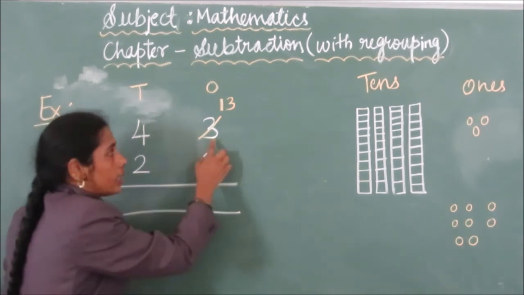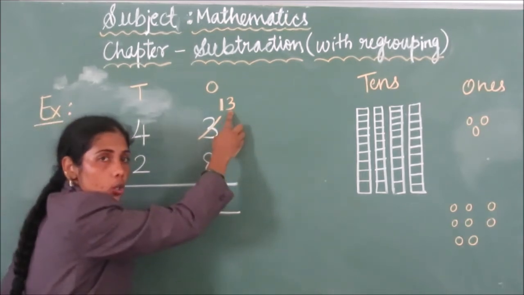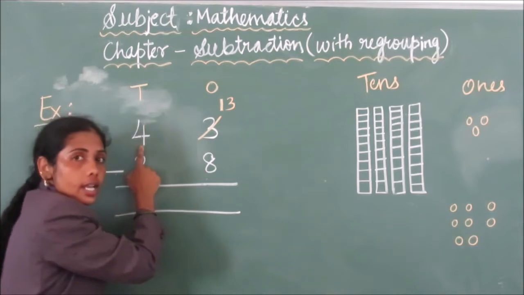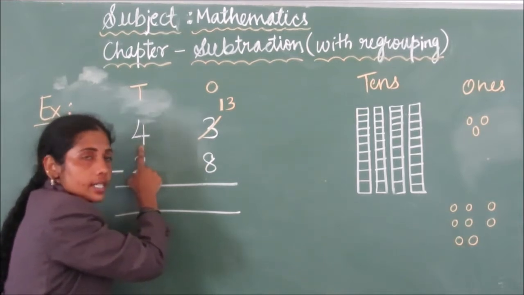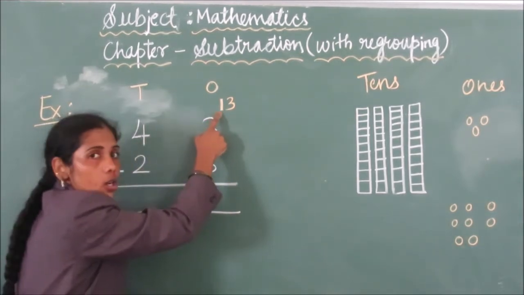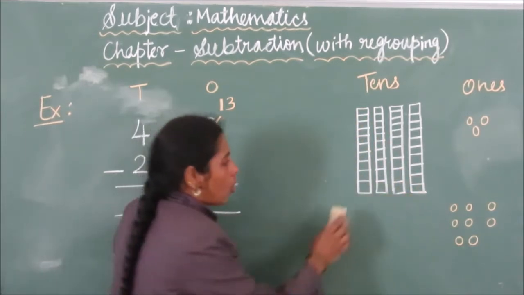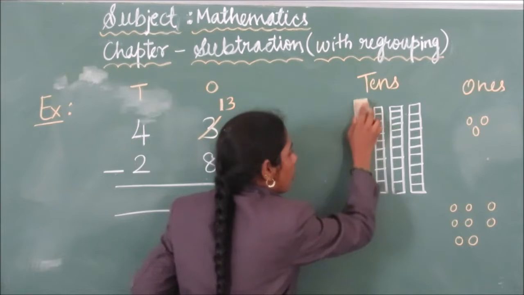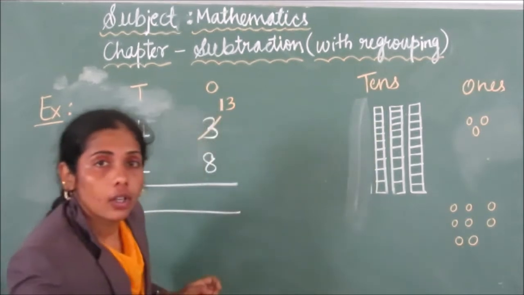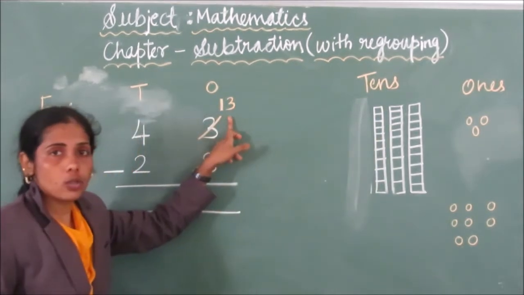How? Already 3 beads are there, and now 1 ten will be taken from the tens place.